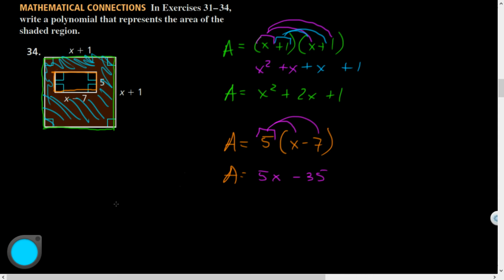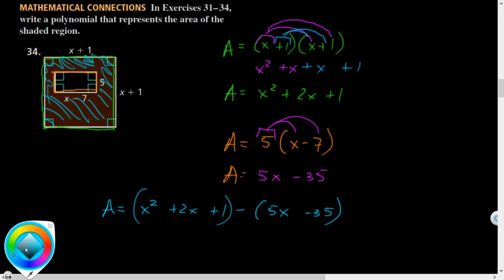So the blue area is going to equal x squared plus 2x plus 1, and then I'm going to subtract this, and I've got to be careful subtracting that so that I make sure I'm subtracting both of its pieces. So you could write this first one in parentheses as well, but that's not as necessary. But I guess we did see some of those like that earlier. And so this is a callback to 7.1.